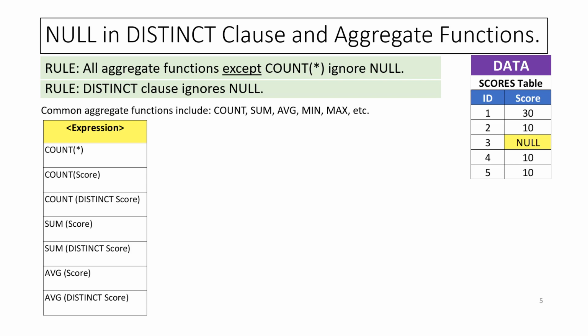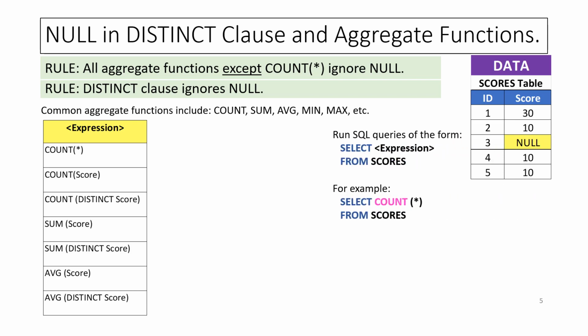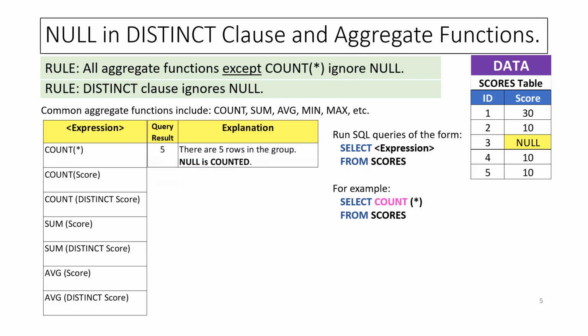The first is count star, which counts null. If we run the query, select count star from scores, we get back 5. This is because there are 5 rows in the scores table, including the row with null, and null is counted for count star.